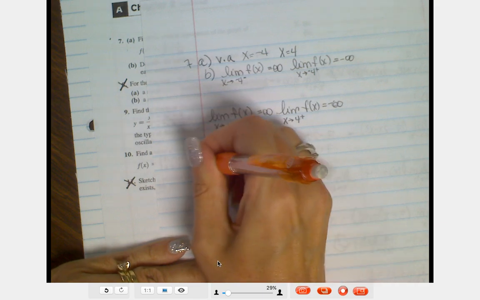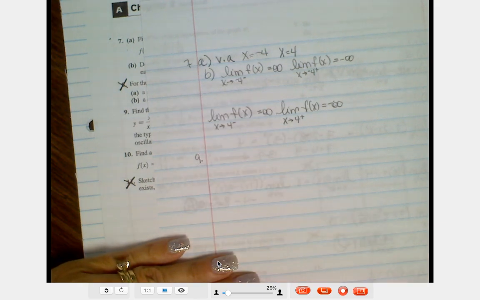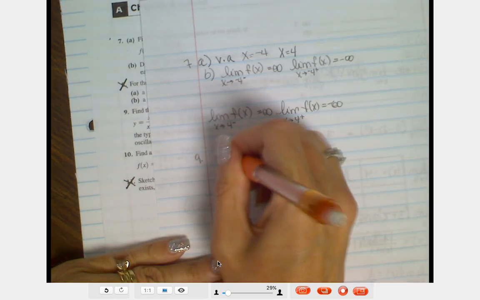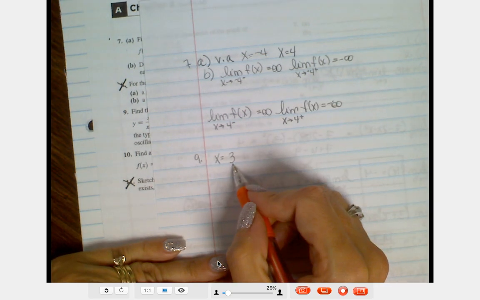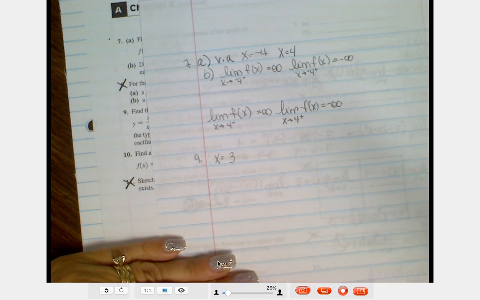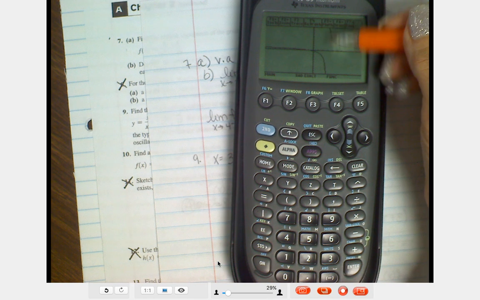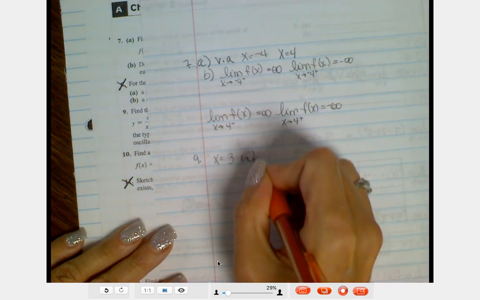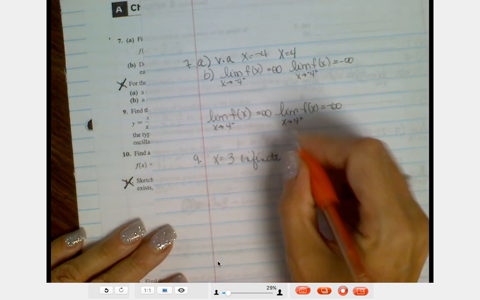So for number 9, x equals 3. Now they wanted you to describe that. Now what I want you to look at is that x equals 3 is a vertical asymptote. All vertical asymptotes are infinite discontinuity.